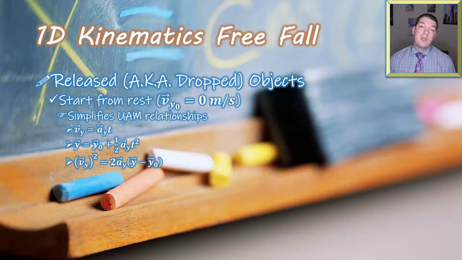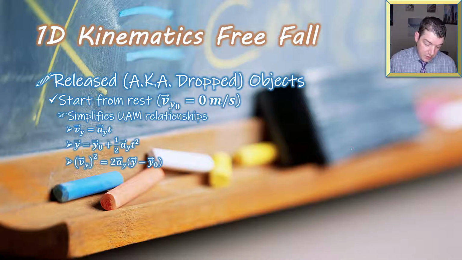When we have an object released from rest, again going back to the instance where we consider negligible air resistance, or when we're undergoing a constant acceleration due to gravity, our UAM equations become very handy and allow us to simplify several problems. When you start from rest, or when you drop an object, they naturally simplify themselves.